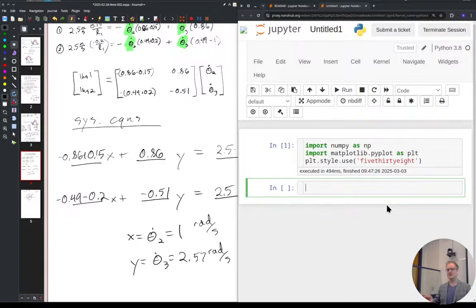Linear algebra is nice because it doesn't matter how many unknowns you have. It's always the same process. With a system of equations, you make a function to define the equation. Let's try linear algebra.